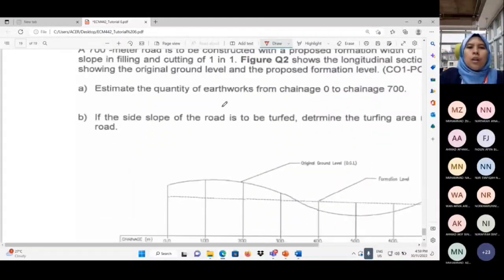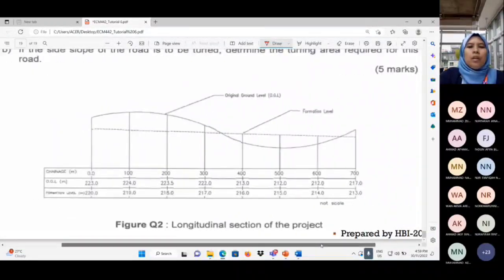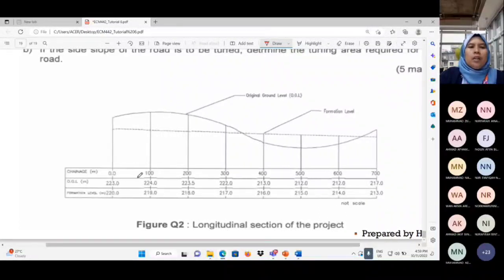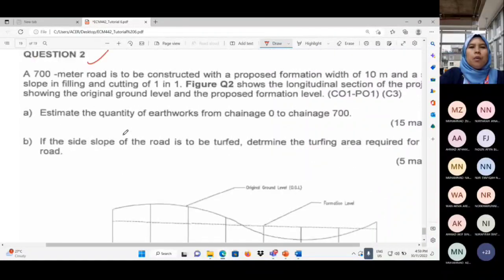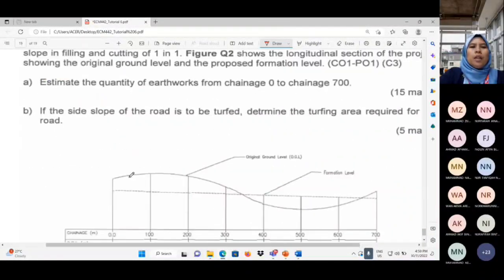From the side view, meaning it does not give the diagonal section of a project. This is what I tried to illustrate with my drawing above. From chainage 0, 100, 200, 300 and so on up to 700, the original ground level is given and the formation level is stated here. You have to find the rise and fall, so how much soil volume you need to cut and to fill.